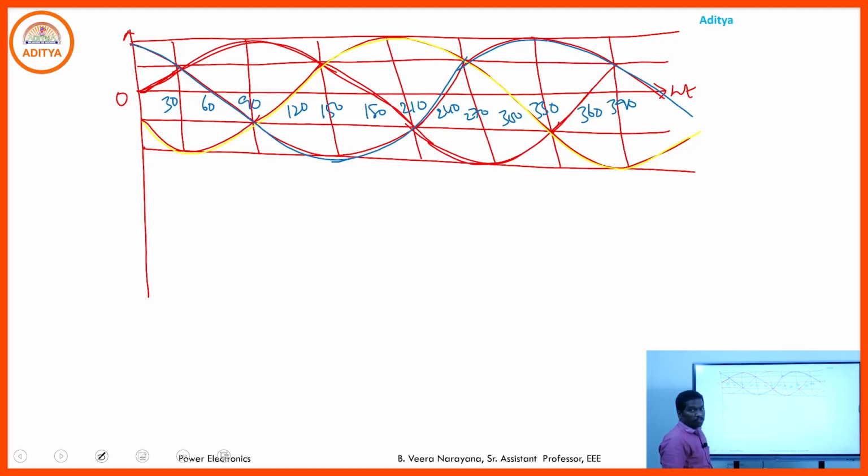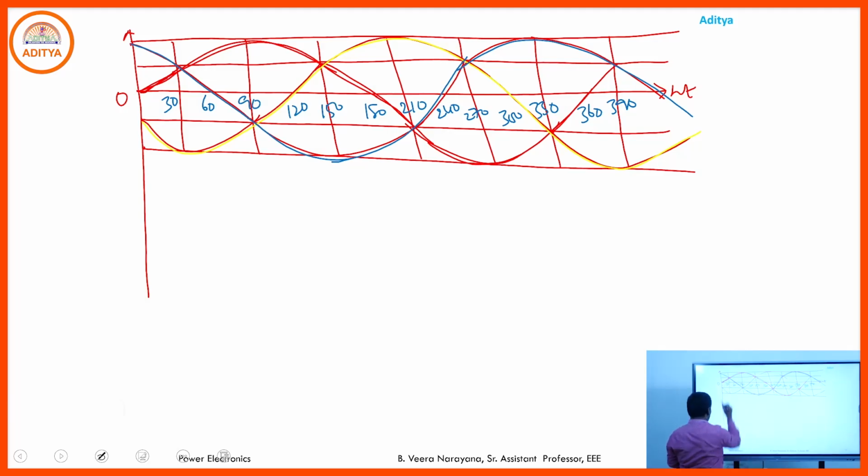So if you go through the representation of three-phase voltages, take one horizontal line as the reference. Above the reference line and below the reference line you draw two dotted lines like this, and you divide first one 30 degrees, next you double: 90, 150, 210, 270, 330, 390.